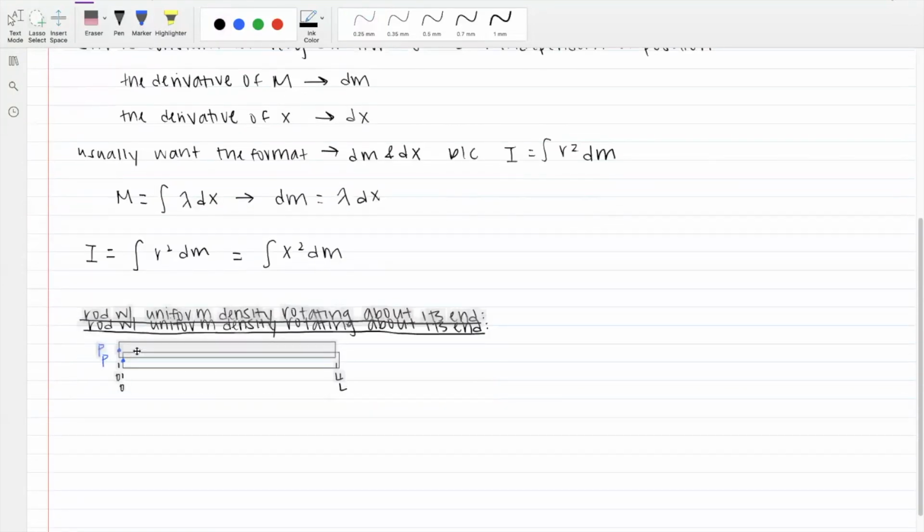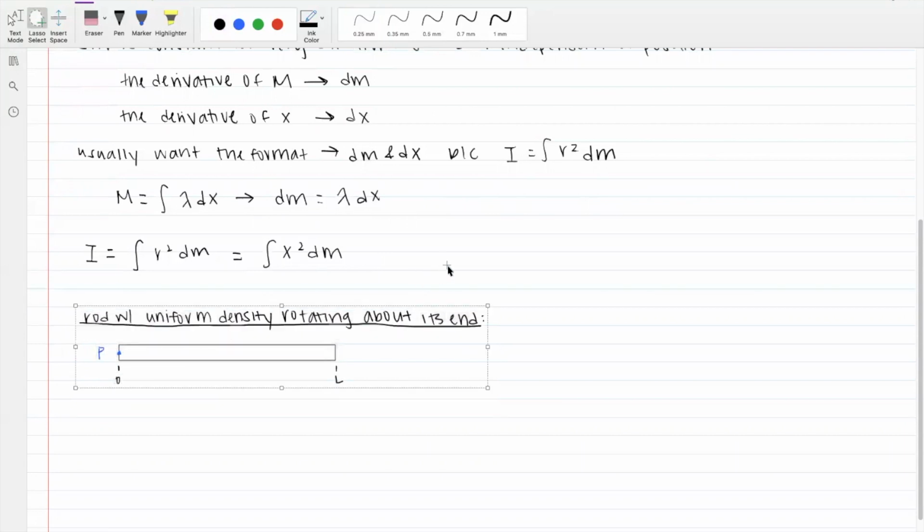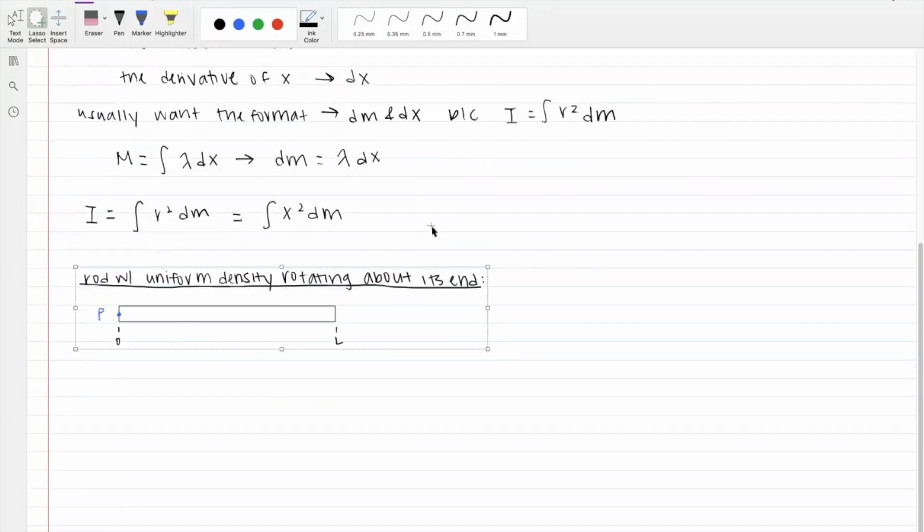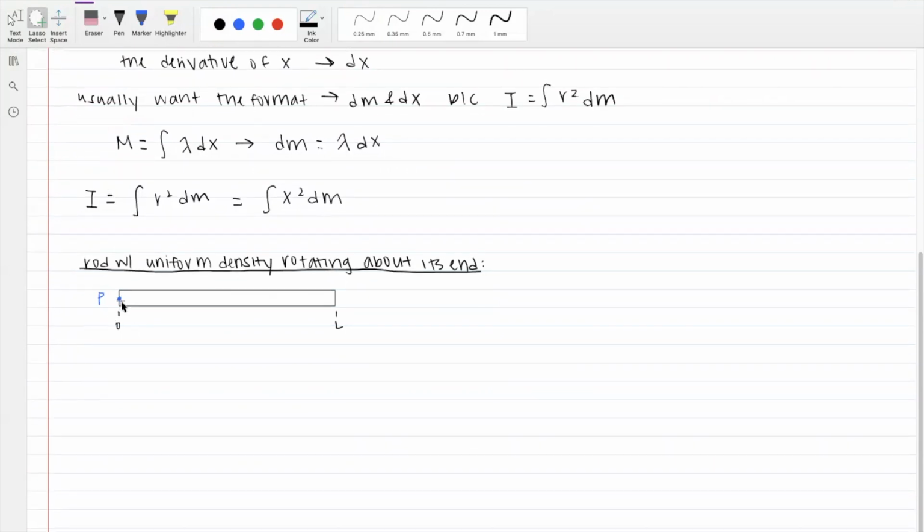These just define the position of your rod. So now let's look at a problem of a rod with uniform density rotating about its end. The pivot point, let's say, is located at position x is equal to 0.